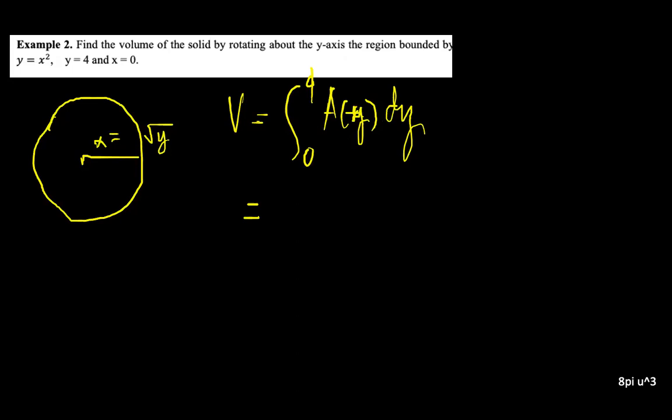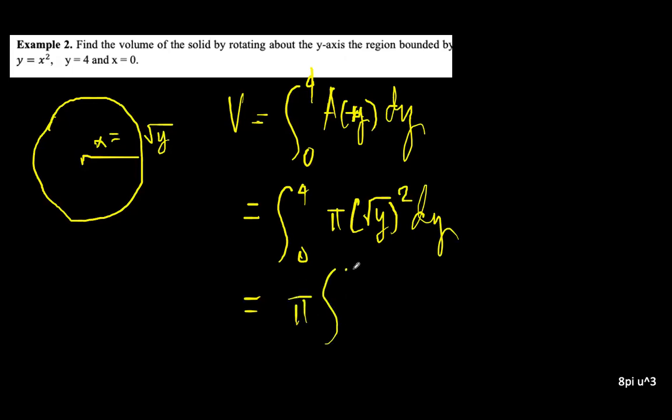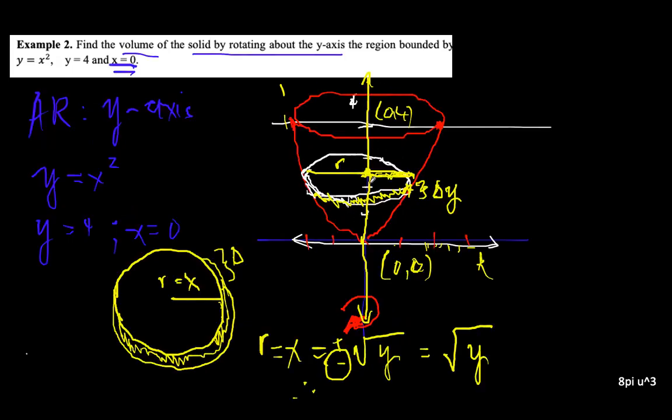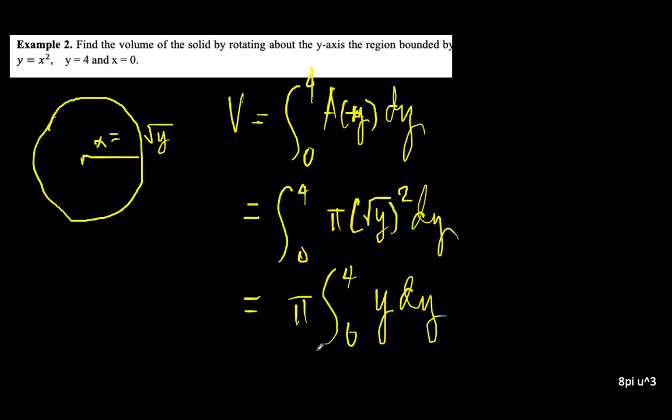Okay. So let's now substitute all of the possible values that we can. 0 to 4. And what's the area of this that we use as our sample of the slice? We have a pi r square, which is square root of y square dy. Tama class, di ba? And this is pi from 4, 0. The square root of y square is equal to y. Sir, bakit wala namang absolute value yan? Kasi y is always positive. Sir, bakit y is always positive? Because it is on the upper part of the x-axis. Okay?